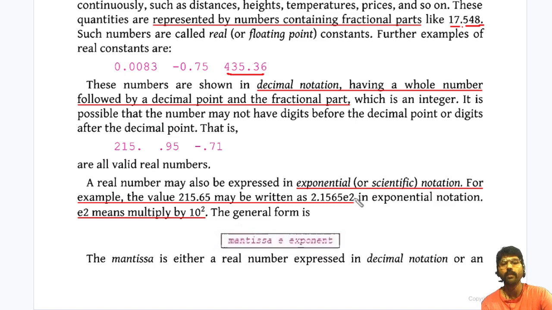That is the meaning of this exponential notation. The first part is called the mantissa, then E, then 2 is the exponent. This is the way of representing exponentials. If you want to store a very large number, it is difficult to represent using decimal notation. In that case, we use exponential notation for storing very large real numbers. It gives a very short representation.